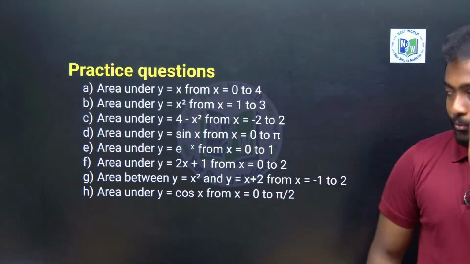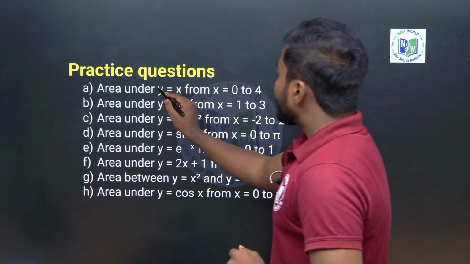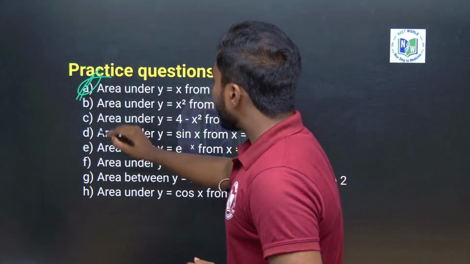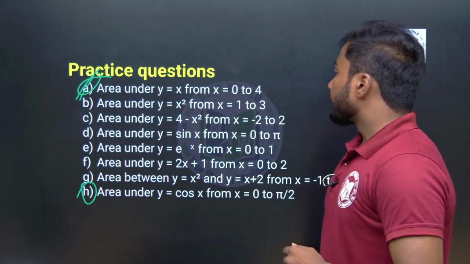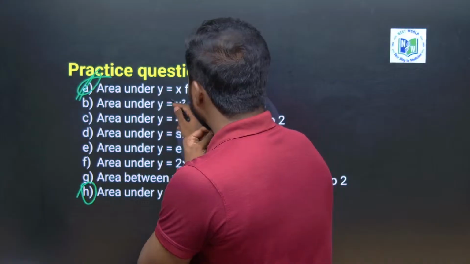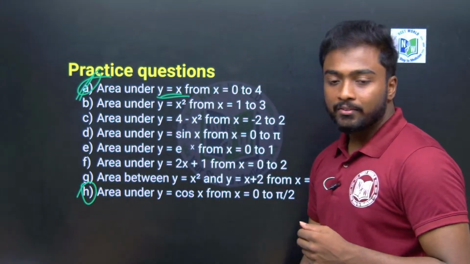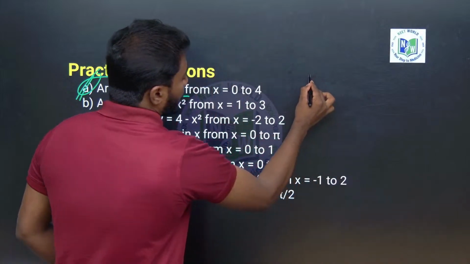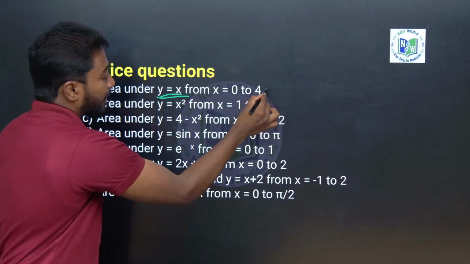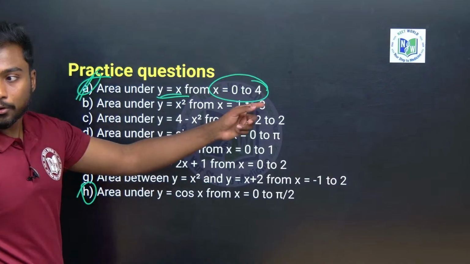So some practice questions are there. I will do the first question here and you try to do B to H now. So first question, area under y is equals to x. Now the first thing I should do, they have given the limits also, 0 to 4.